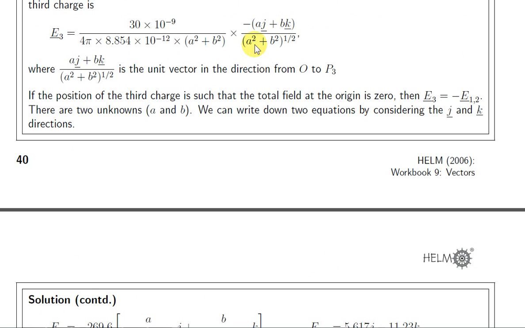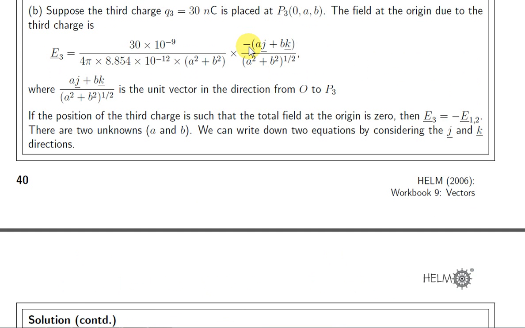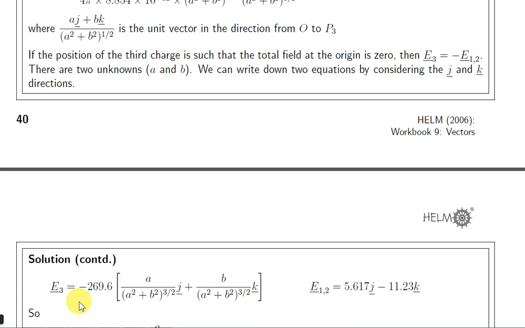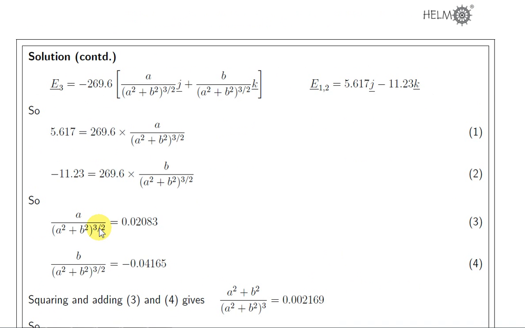So for the B component, we've B over A squared plus B squared to the power of 3 halves times this number here, which of course is 269.6, and we have the minus sign as well. So we equate the components, and we just do some rearranging here to get these fractions on their own.